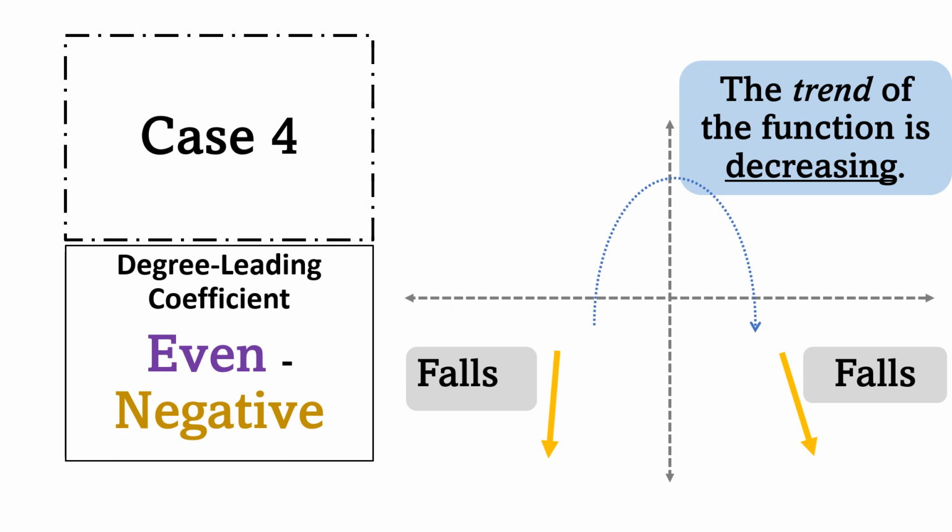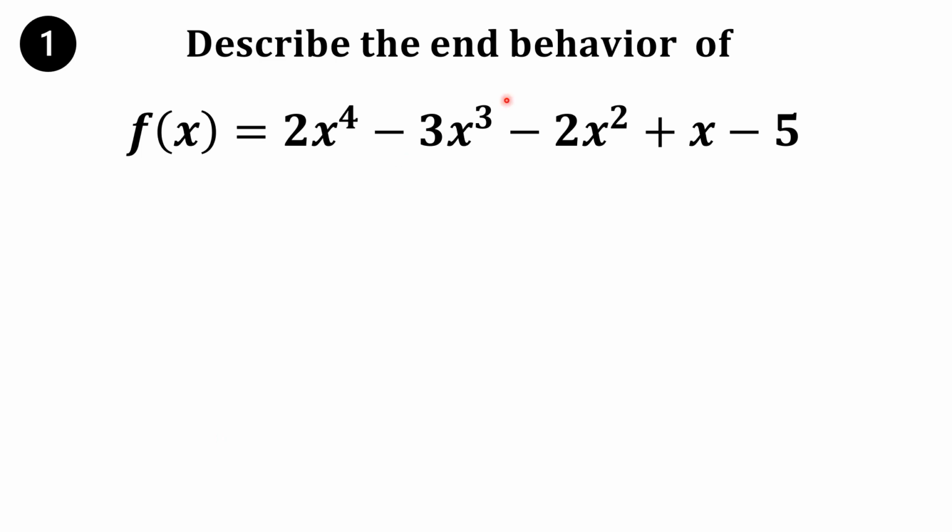Let's have examples. Describe the end behavior of f of x equals 2x raised to 4 minus 3x cubed minus 2x squared plus x minus 5. First, determine the leading term. In this example, the leading term is 2x raised to 4, and the degree is 4.